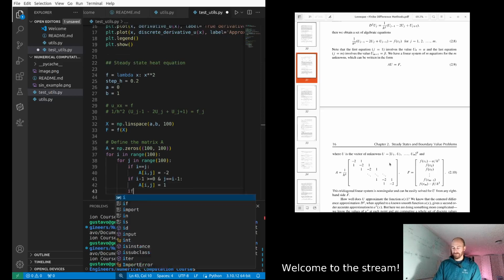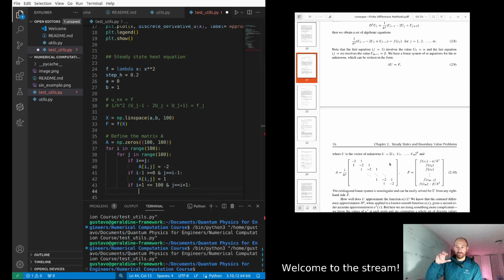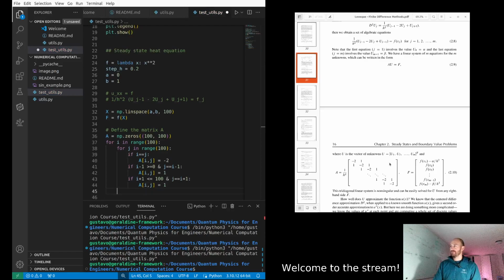And actually you can do it in the same one: if i + 1 is less than or equal to 100 and j is equal to i + 1, then we're at the very bottom, and A of i comma j, and I'm being very inefficient with this but it doesn't matter, is equal to 1. So this will populate your matrix A.